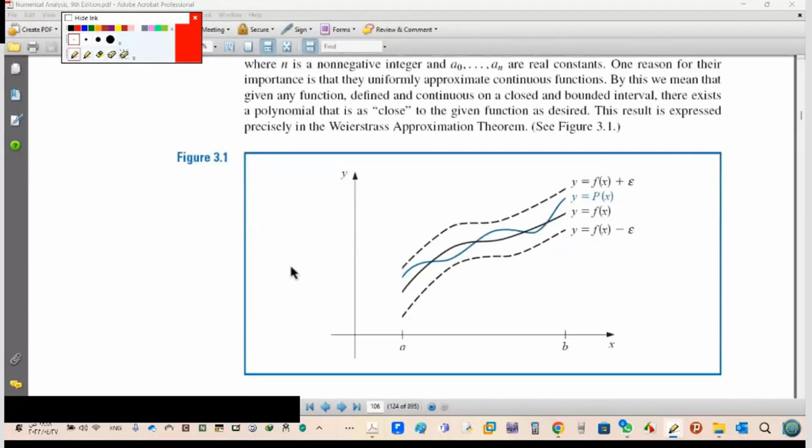Let's take a pen. This is the original main formula, and this is the formula of Lagrange.